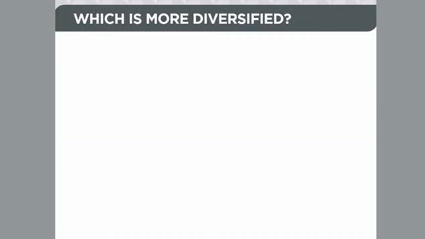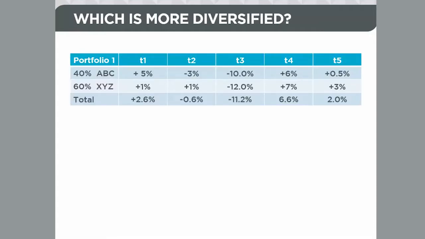Let's say we have a portfolio 1 here, which is made of 40% ABC, 60% XYZ. And then here are the sequence of returns for this portfolio. So 5% year 1, minus 3% year 2. Year 3 we got minus 10% and then plus 6. You look at XYZ, well, XYZ was at negative 12% and then plus 7 in years 3 and 4.